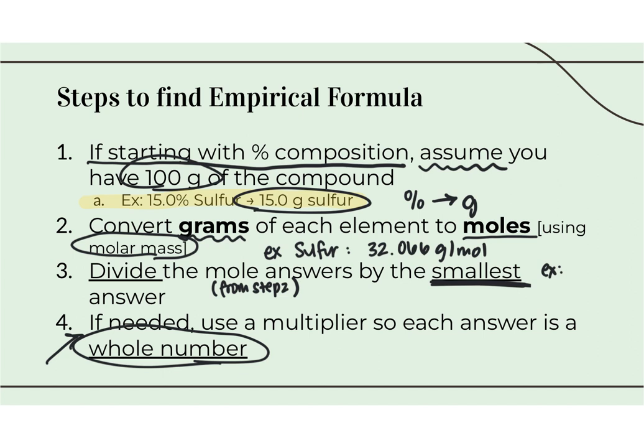So all of this seems a little weird to start with, but it will make more sense when we see it with an example. So keep in mind this step. If you want, I would maybe put a star on this slide because this is going to be really helpful for you as you go through and do these calculations. From step 4 here, if needed, use a multiplier so each answer is a whole number.